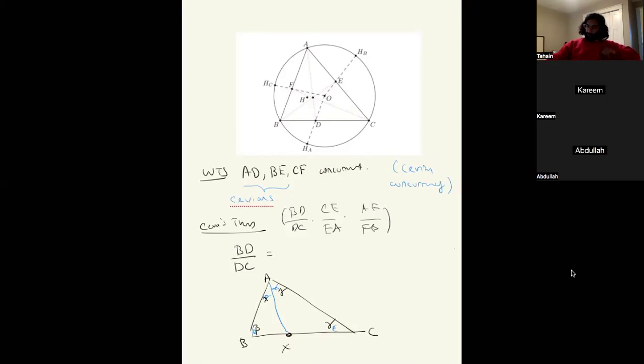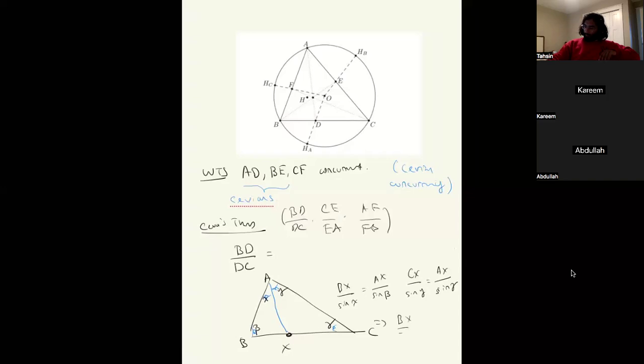DX divided by sine of DAX equals AX divided by sine of ABX, and we do the same on the opposite side: CX divided by sine of CAX equals AX divided by sine of gamma.